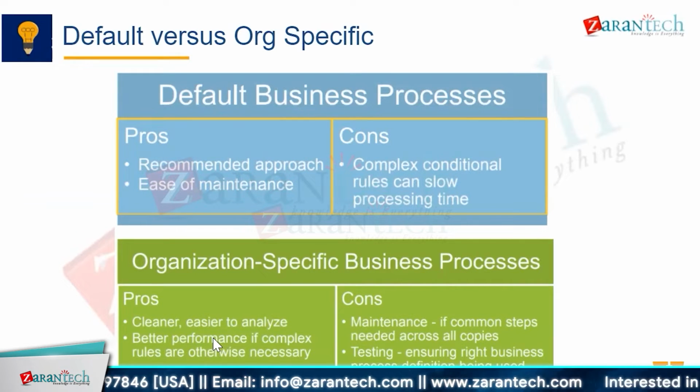It makes it easier to figure out where you are in the business process, better performance, especially if you have really complex rules, like around these condition rules. Then it just makes it easier if it's very specific to that specific org. But then the downside is the maintenance, right?